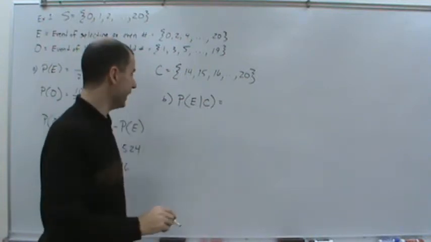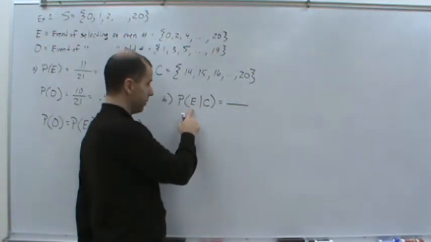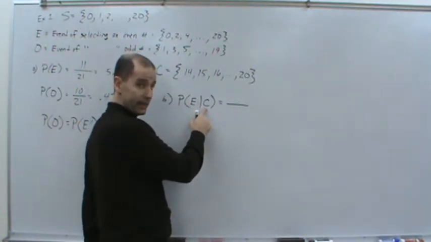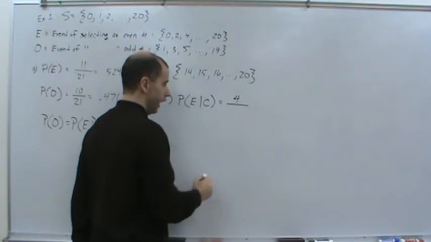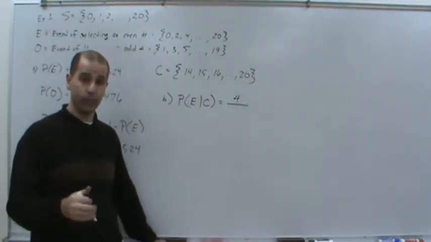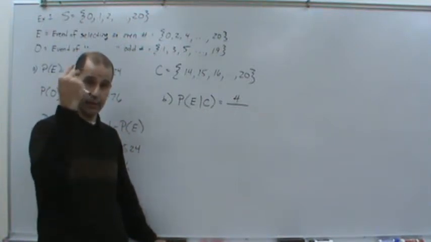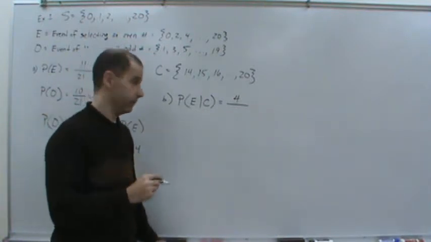4. So I can think about this as, well, I've got 4 even numbers that are in C, out of how many numbers are in C? Well, 14, 15, 16, 17, 18, 19, 20. 7.